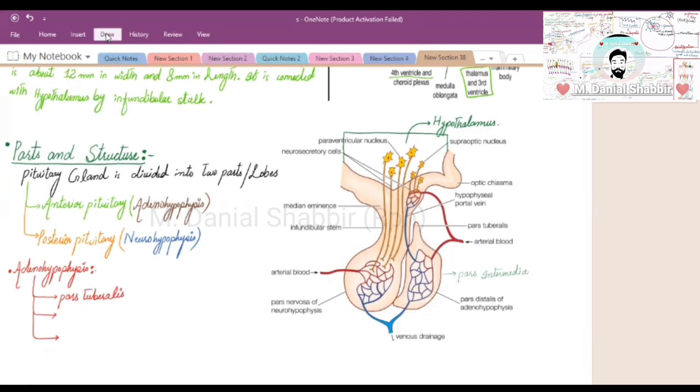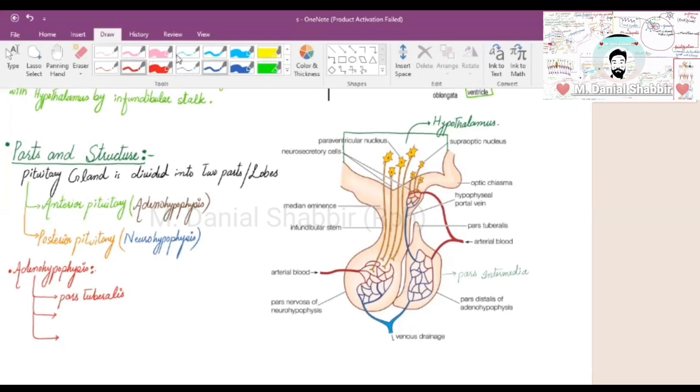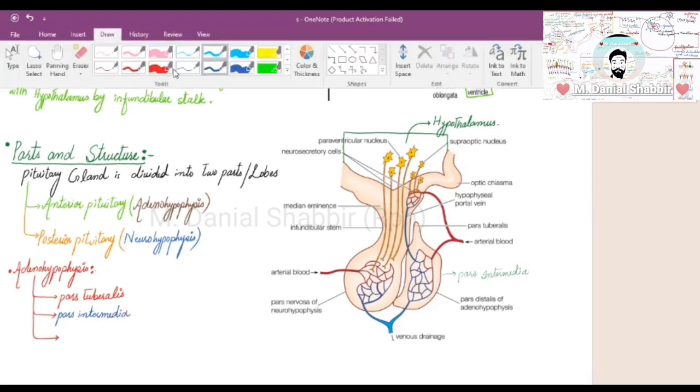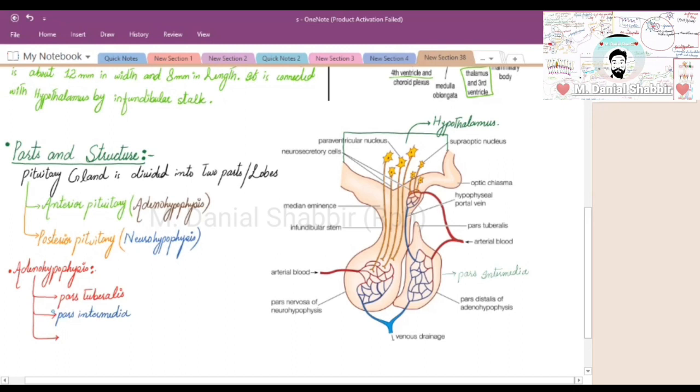The second part is pars intermedia. And the third part is pars distalis. This is adenohypophysis.